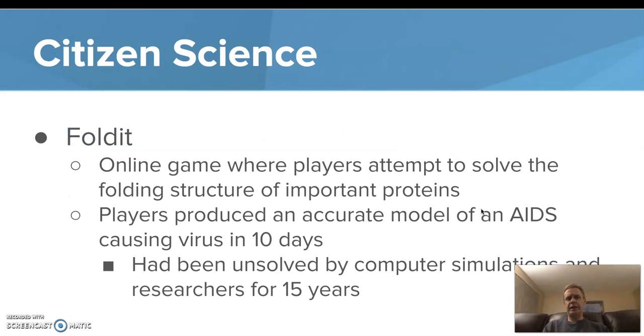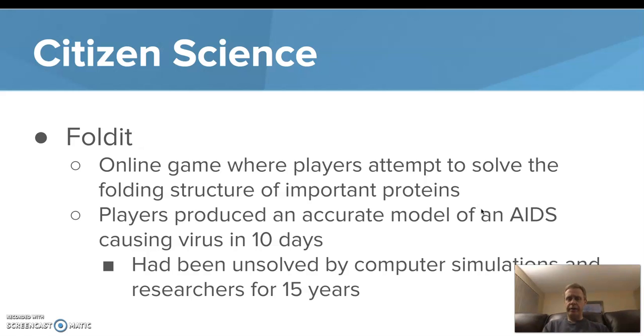And then here's an example, Foldit. It's an actual online game where people may be playing a game, but in the process of playing this particular game, people were actually able to find an accurate model of an AIDS-causing virus in 10 days.